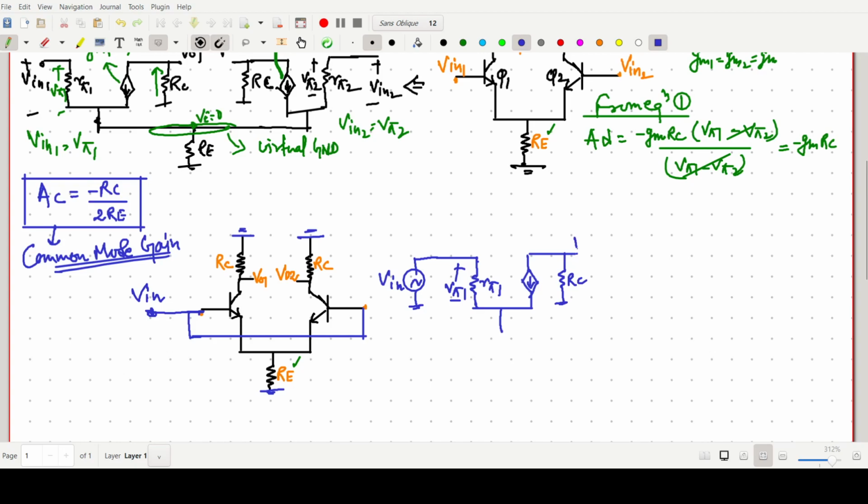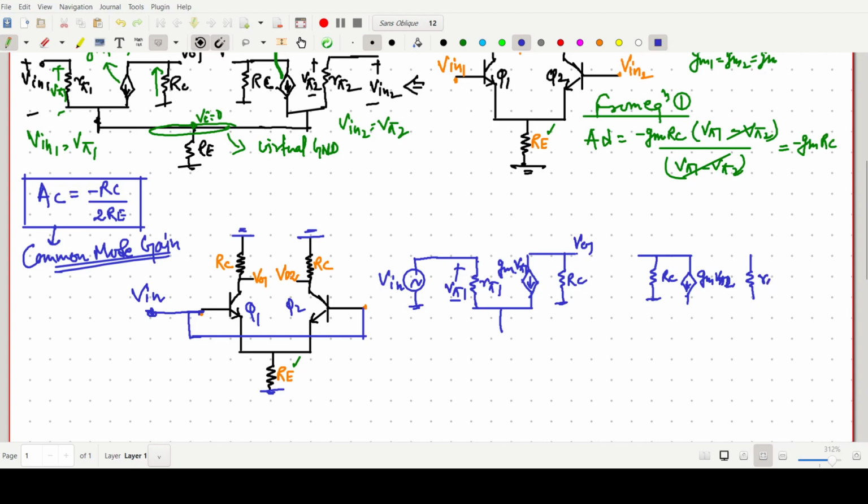Rc, say V naught 1, and this value will be gm times V pi 1. And one more Rc, this one gm V pi 2, and V pi 2 for transistor 2, this one Q1, Q2.